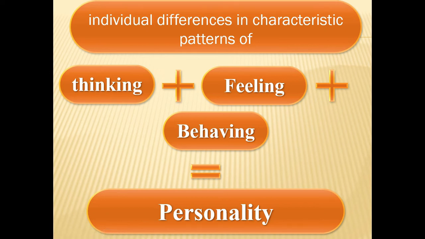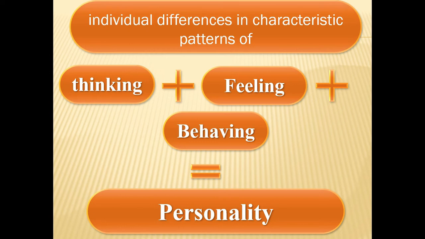That means it is not only a matter of outside looks that tells you some personality. It is an individual difference in characteristics of patterns, which includes good thinking, good feelings, empathy to someone, and behaving to someone.